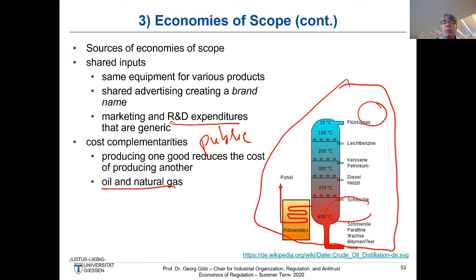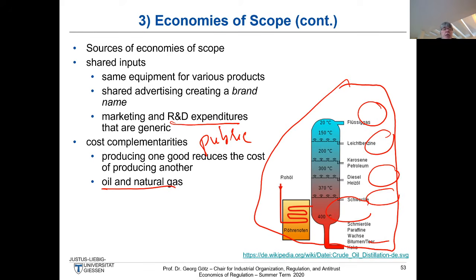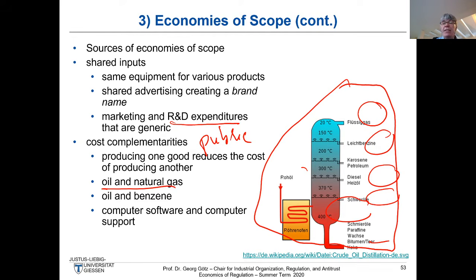A gas would be then like Flüssiggas, propane and butane, and you get here gasoline, you get diesel oil, you get these heavy oils and so on. You get asphalt, you get everything from the single output. Okay, the point is you put that in and you get the other things automatically. You would have to throw them away. Okay, so oil and benzene and so on.